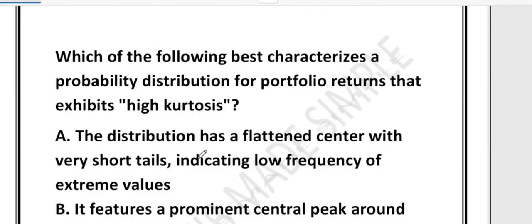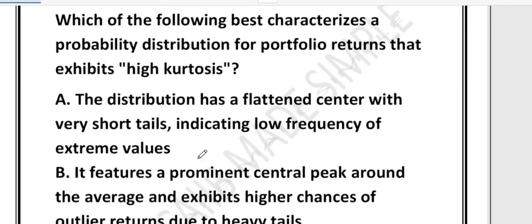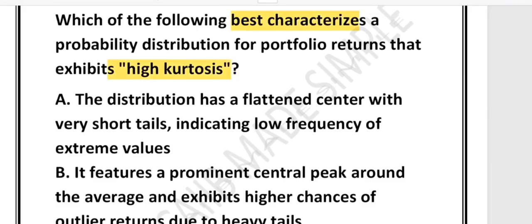Yes, high kurtosis. Very good question. Kurtosis is a concept in statistics that helps us understand the shape of a return distribution in finance. Which of the following best characterizes a probability distribution for a portfolio return that exhibits high kurtosis? Option A: a flattened center with a very short tail, indicating low frequency of extreme values.